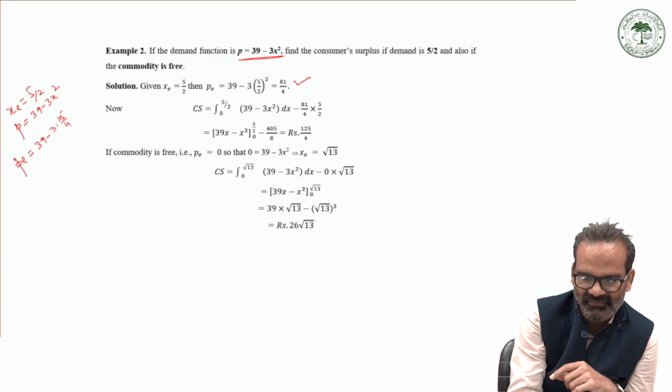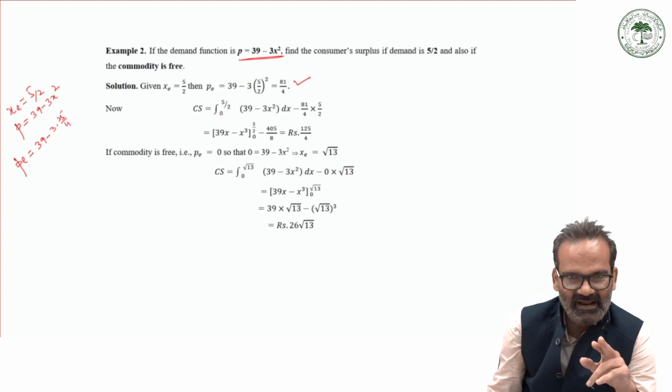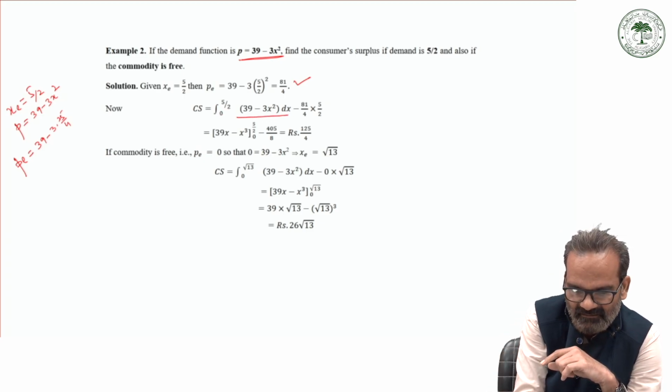Now you can apply the formula to determine the consumer surplus. The consumer surplus is given as integral from 0 to 5 by 2 of the demand function, 39 minus 3x square dx, minus PE, which is 81 upon 4, into XE, which is 5 upon 2, right?